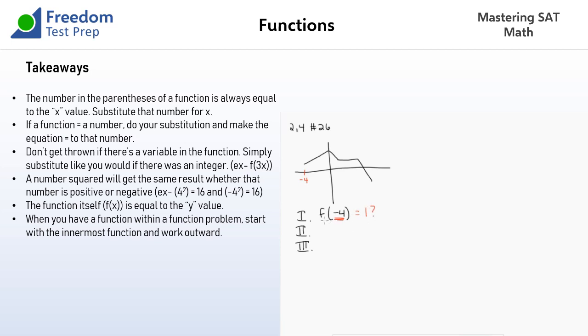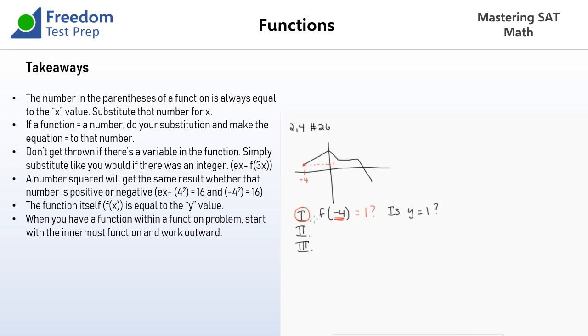Another way of saying that is, is y equal to 1? Is the function equal to 1? Okay, remember we said the whole function is equal to y. So what we do is we go to our x value, which is -4, and we go up to that line, and the question is, is that point at 1? And we find that it is indeed.